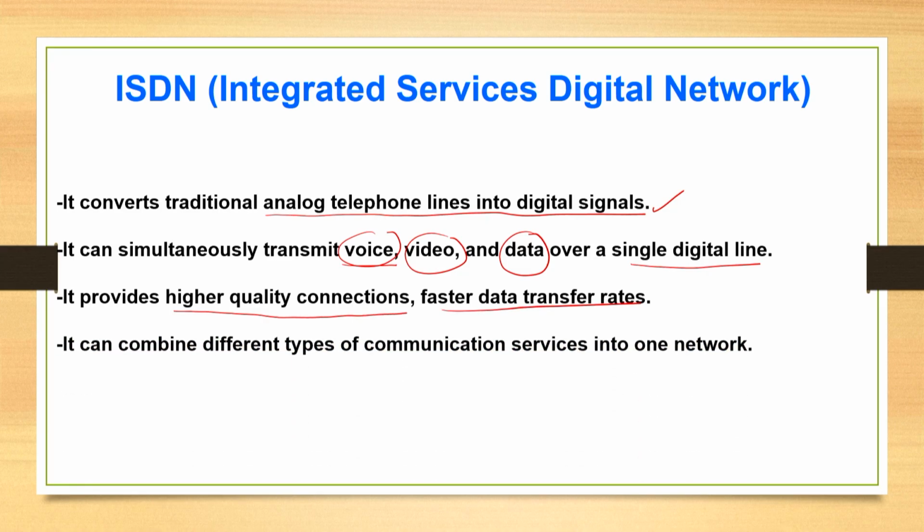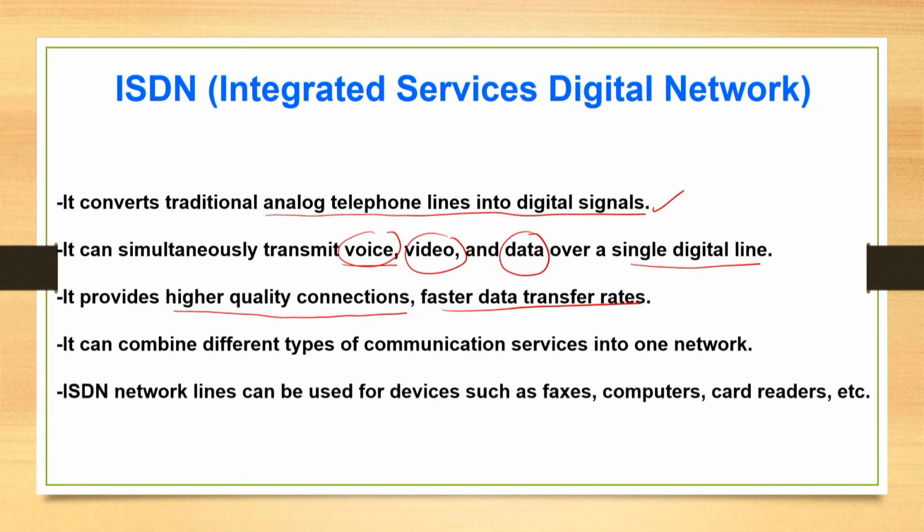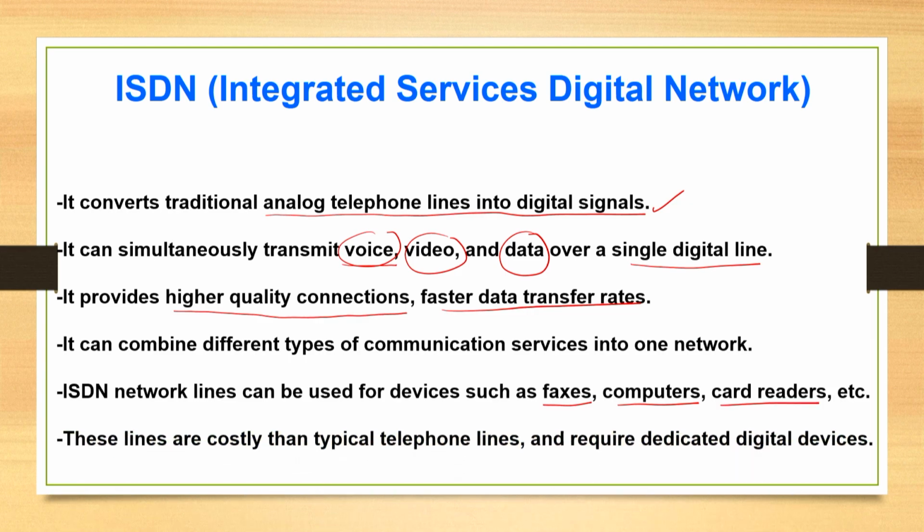It can combine different types of communication services into one network, and these lines can be used for devices such as faxes, computers, card readers, etc. And these are costly as compared to telephone lines because they require dedicated digital devices.